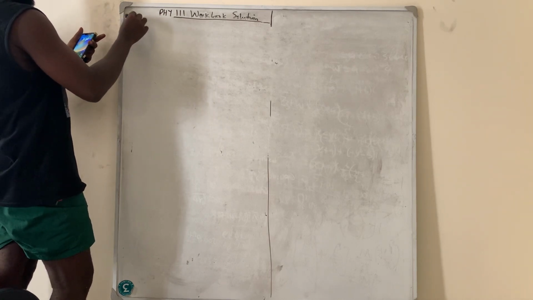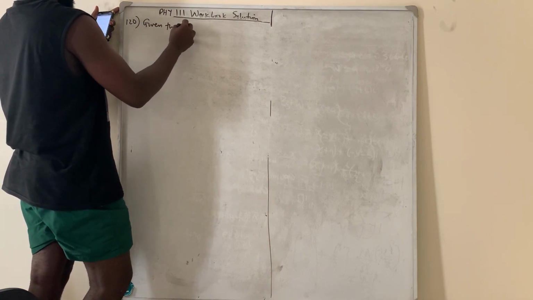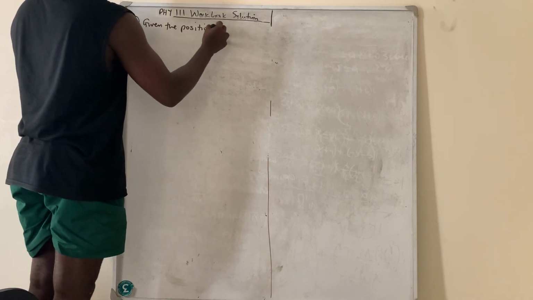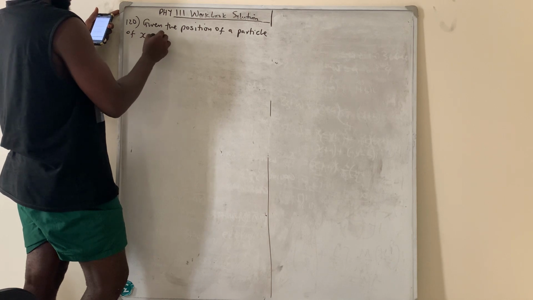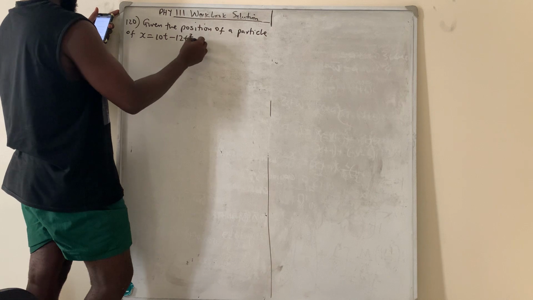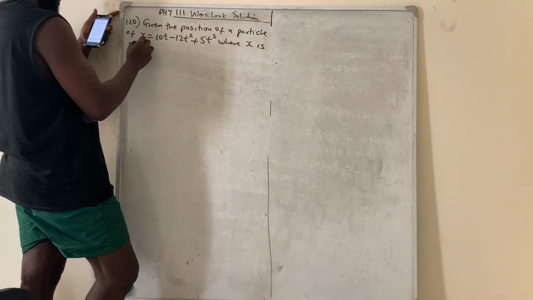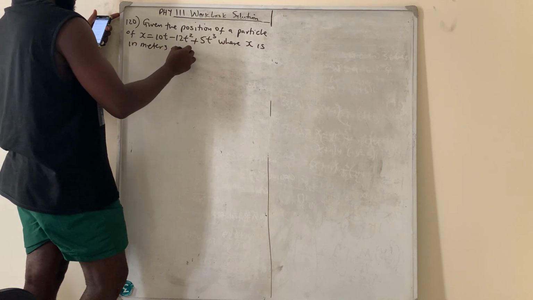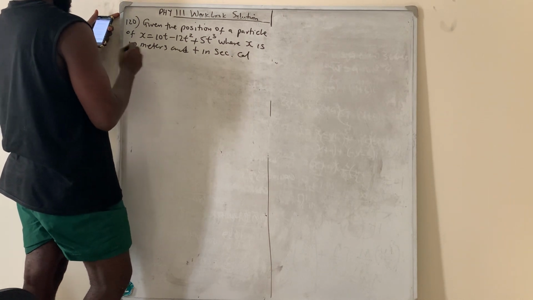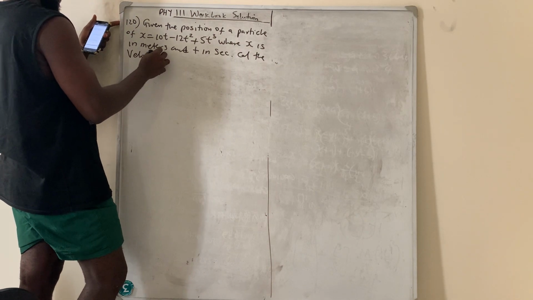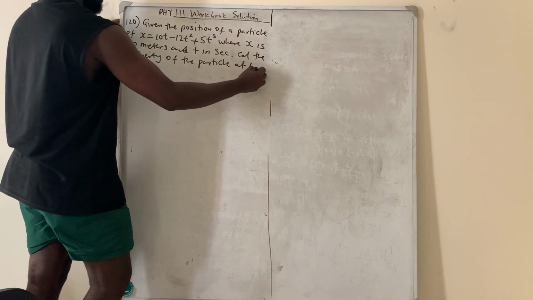Question number 120 said, given the position of a particle, x, which is equal to 10t minus 12t squared plus 5t cubed, where x is in meters and t in seconds, calculate the velocity of the particle at t equal to 3 seconds.